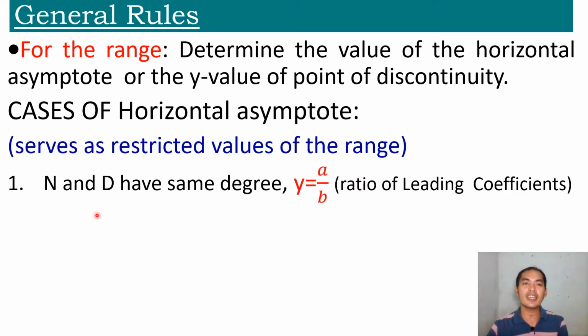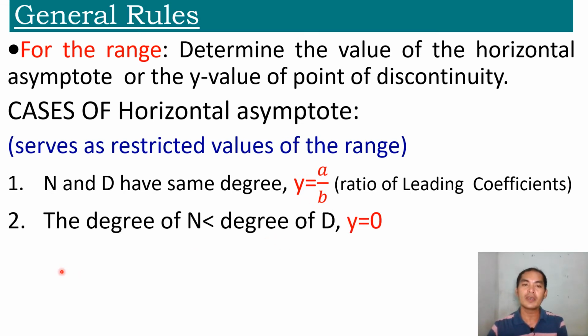The first case: if the numerator and denominator have the same degree, we just divide the leading coefficient of the numerator by the leading coefficient of the denominator. So that's the restricted value of the range. Or, if the degree of the numerator is less than the degree of the denominator, the restricted value of the range is simply y equals 0.